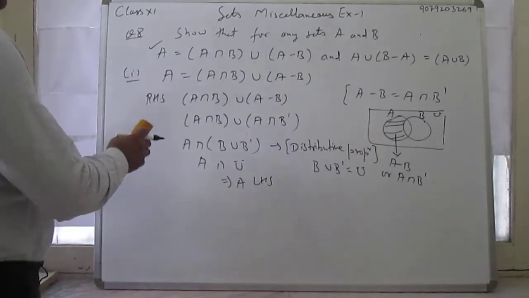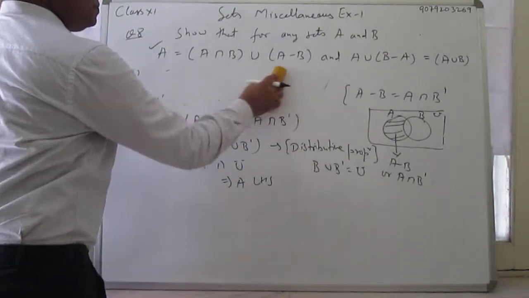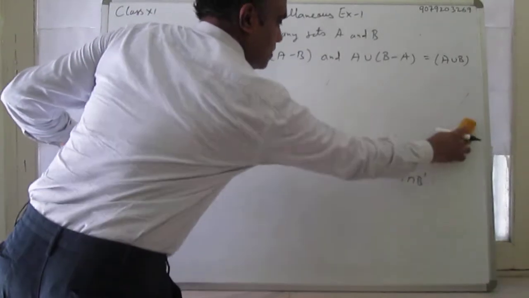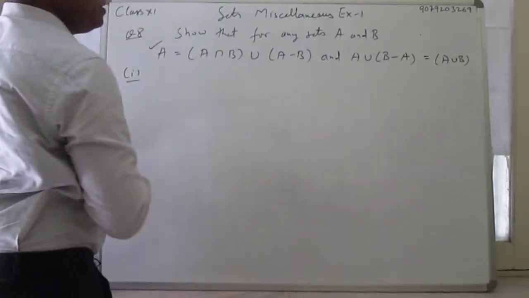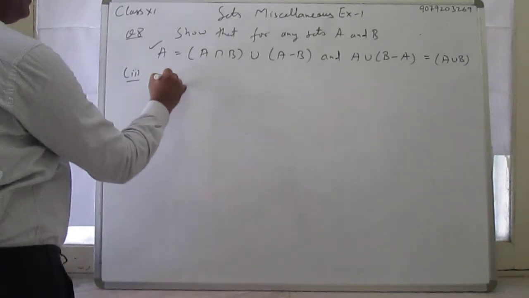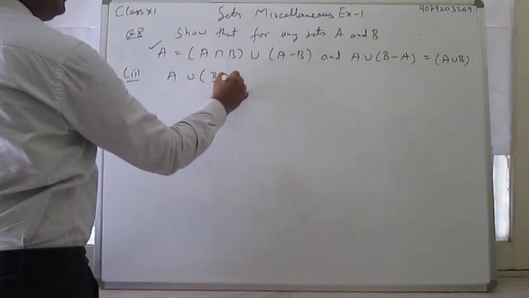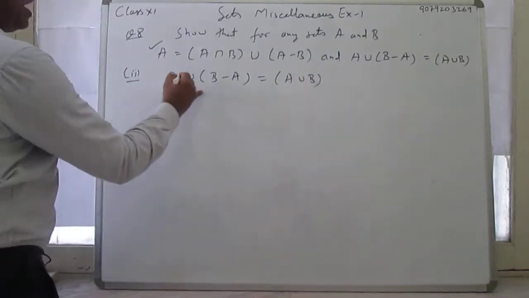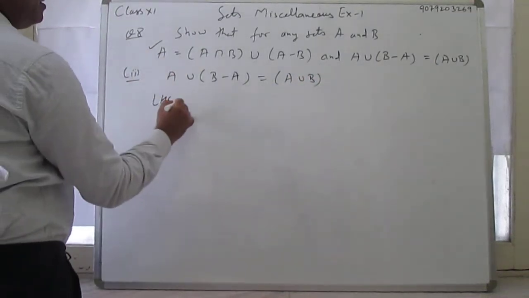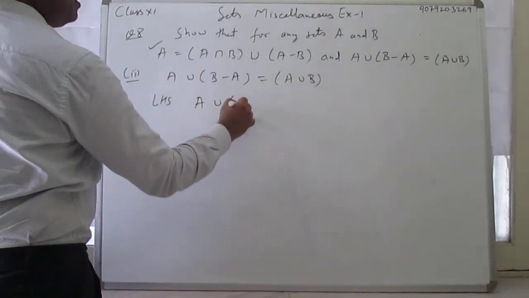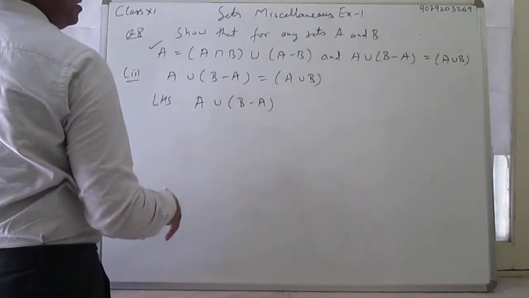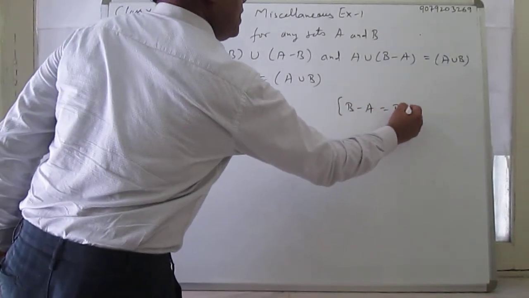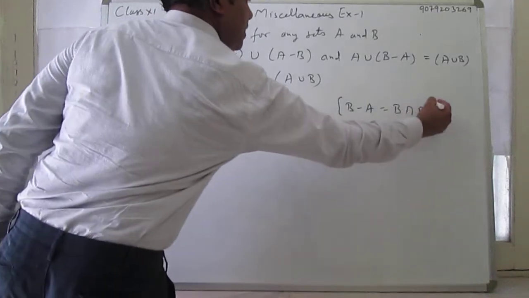See on the board. Second part, A union (B minus A) is equal to A union B. I will take the left hand side, A union (B minus A). Instead of B minus A you can write B intersection A complement.